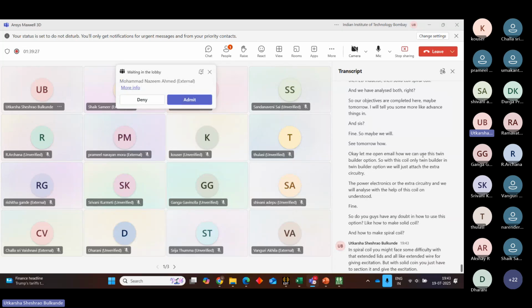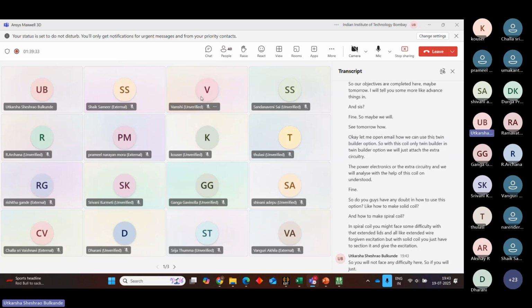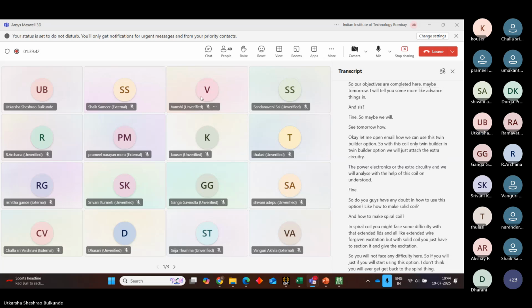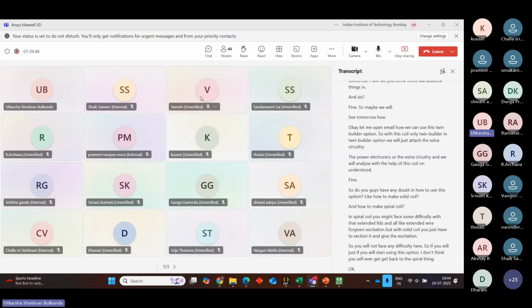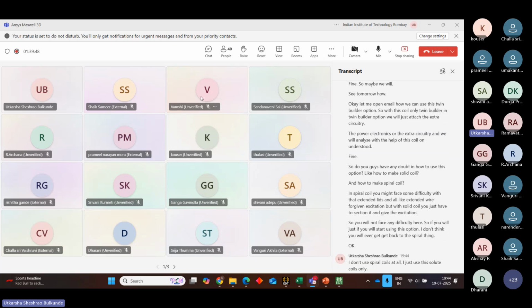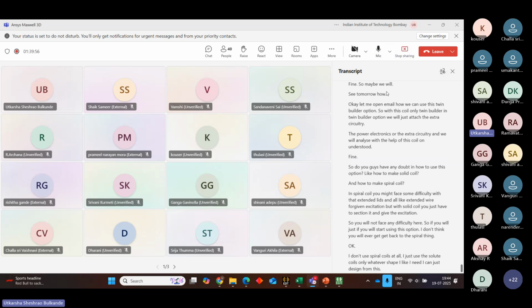So you will not face any difficulty here. If you start using this option, I don't think you will ever go back to the spiral. I don't use spiral coils at all. I just use solid coils only. Whatever shape I need, I can just design from this. Understood?